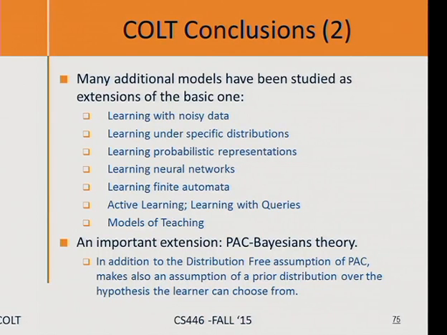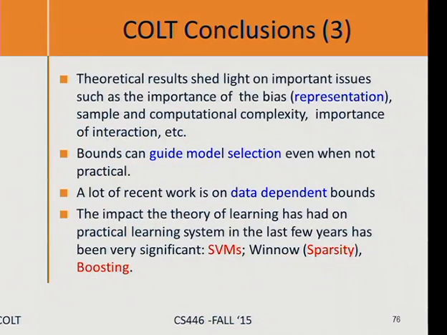So some prior distribution over the space H, and this gives you a tighter theory on what can be learned and what cannot be learned, and better bounds. This is called PAC-Bayesian theory.